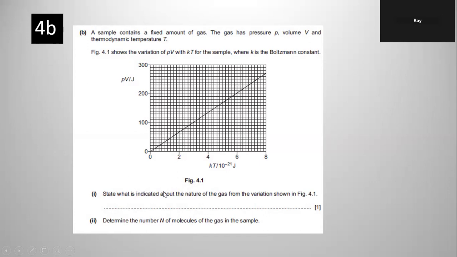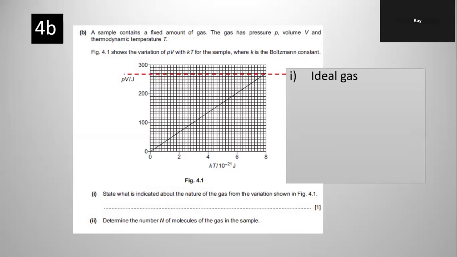State what is indicated about the nature of the gas from the variation in figure 4.1. Yep. Ideal gas. PV equals NkT. Right? Ideal gas. Determine the number N of molecules in the gas in the sample. How do you determine N?